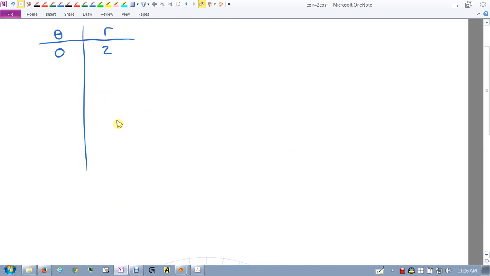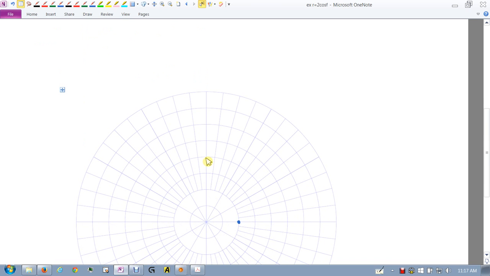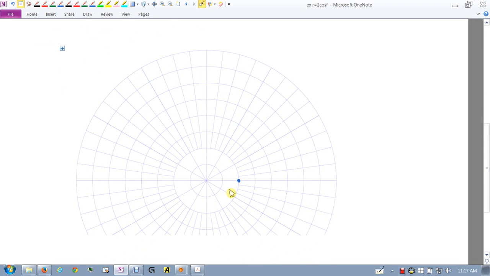Now let's do another one. One of the common angles. How about pi over 4? So this will be 2 cosine of pi over 4. Cosine of pi over 4 is root 2 over 2, so that's just root 2. Agreed? Root 2 is about 1.414. So on my paper, I'm going to rotate by pi over 4.